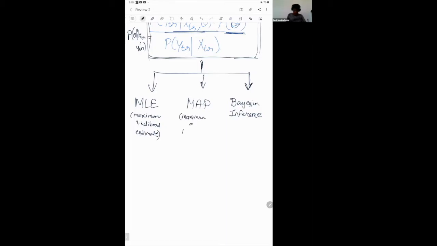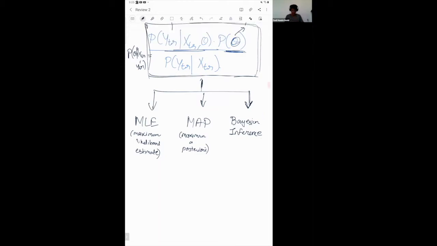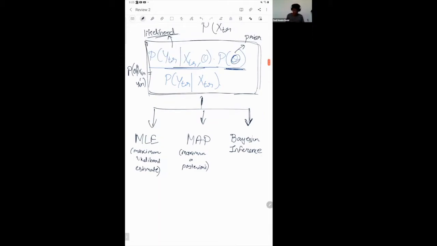Maximum. Yeah. So we are interested in these three quantities, and what you will see is if we just estimate this, this would be our MLE estimate.